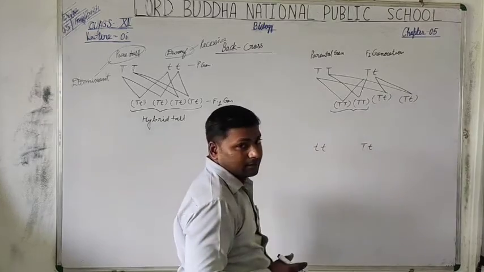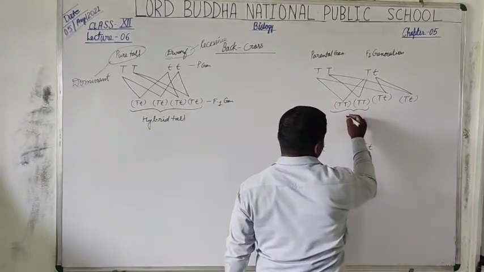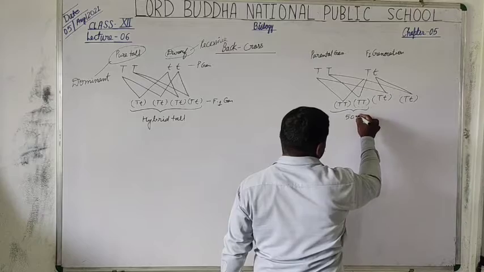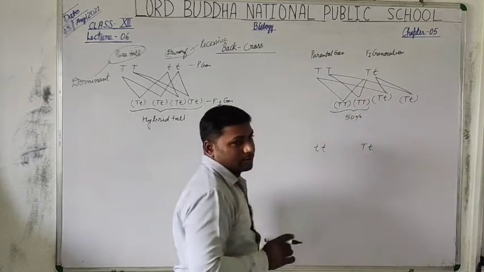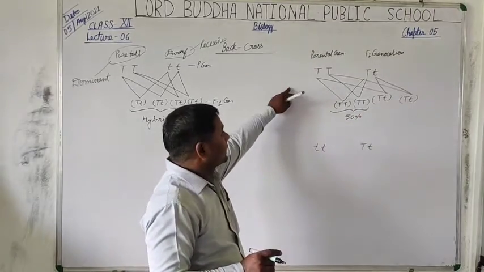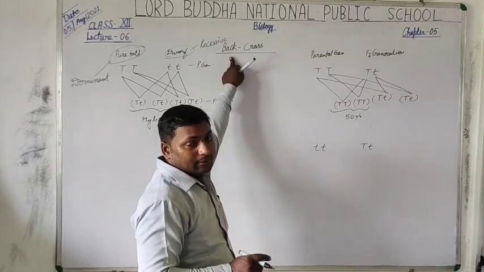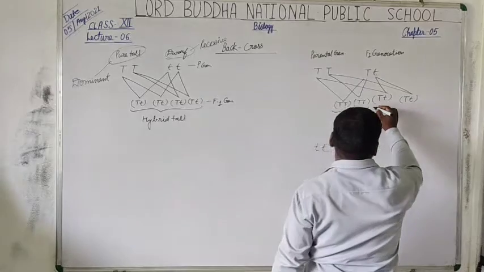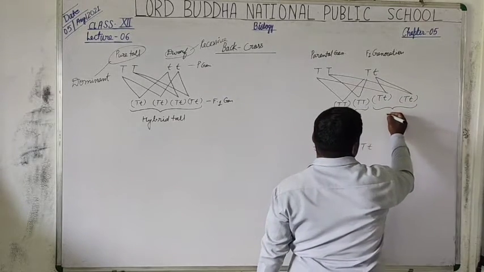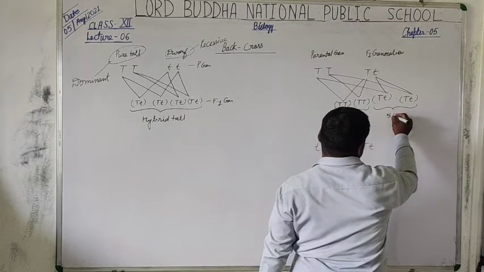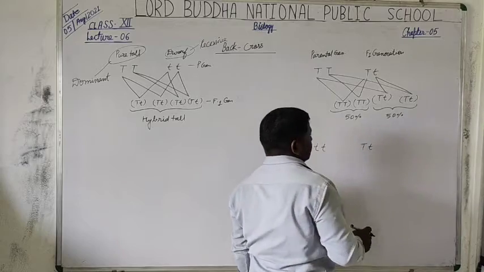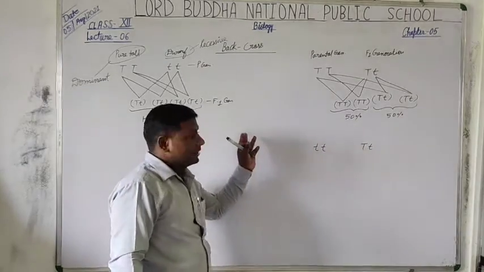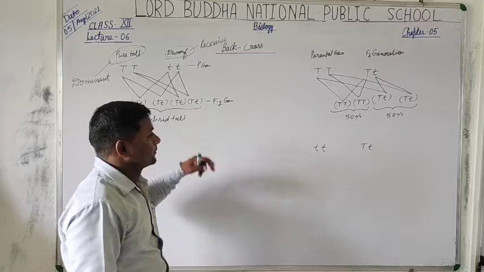We obtained about 50%. How much? 50% of individuals go back to the parental type and the remaining 50% remain like the F1 generation.